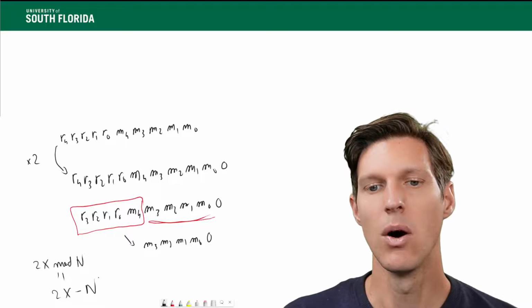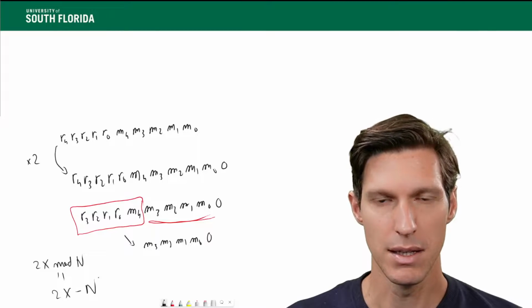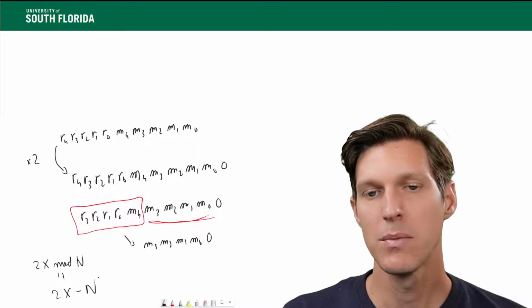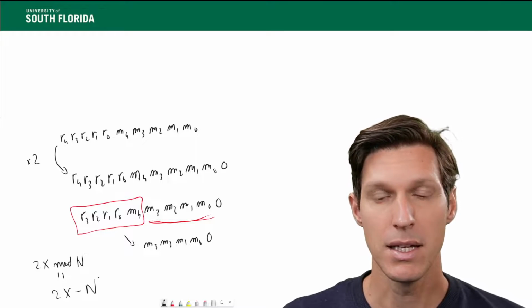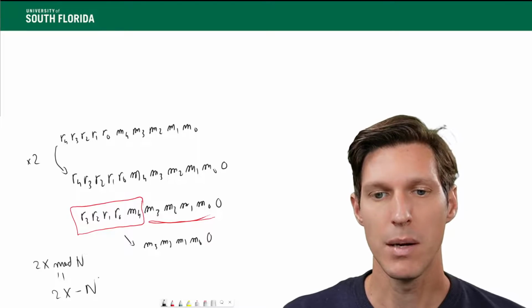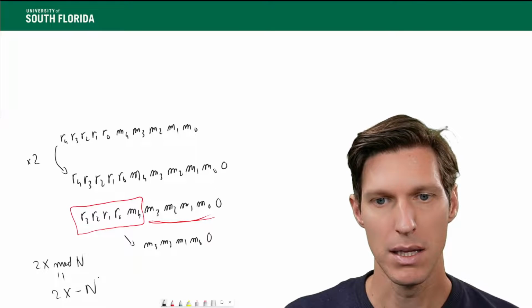That's the only possibility, because if 2x were less than n, nothing happens during the mod reduction. Otherwise, because x is less than n, 2x is less than 2n, and the only thing that happens during the mod reduction is subtracting n once.